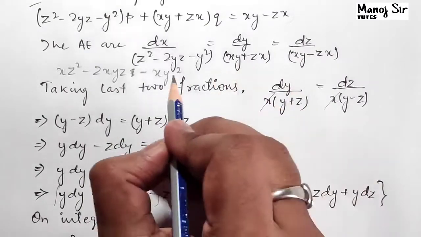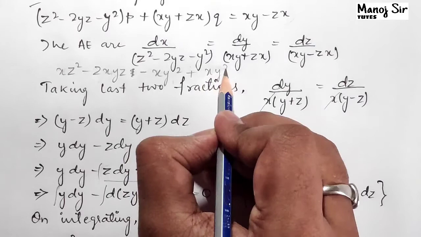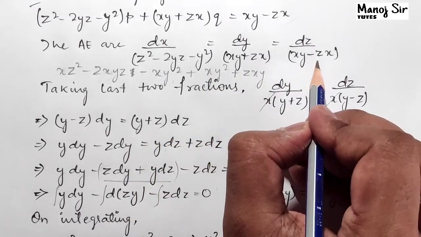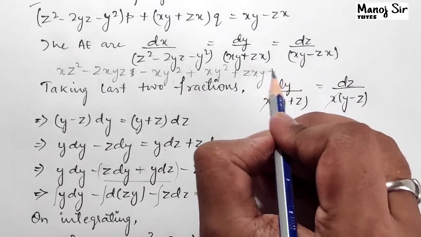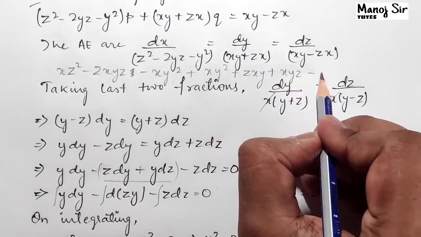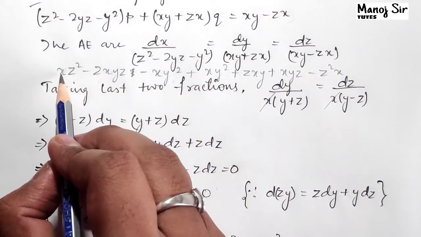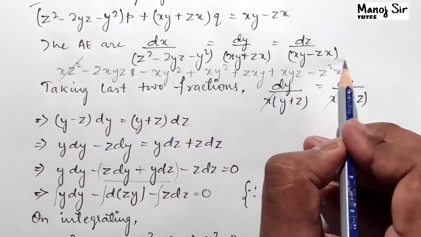Now coming to this, we multiply y, so here we have x y square plus zxy. Again coming to this, we multiply z, so here we have xyz minus z square x.